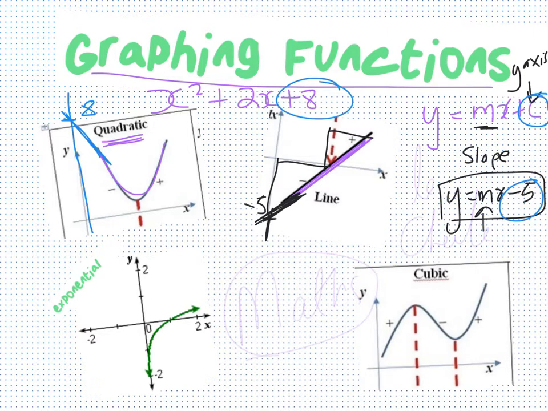The other two graphs that we need to be able to recognize are the exponential graphs. This is one that changes extremely quickly. So say you have 2 to the power of x, it is to the power, so therefore it's exponential, and the power part is the variable here.